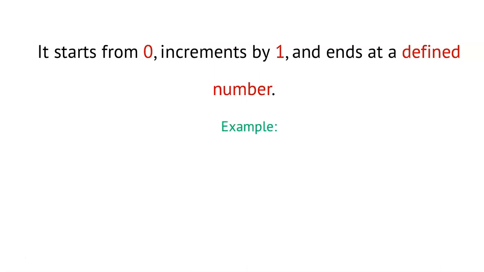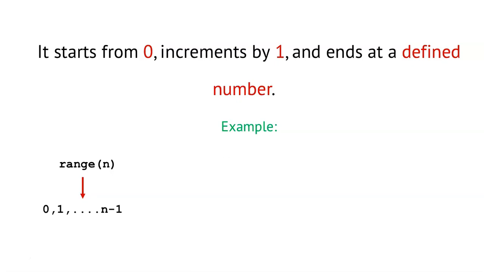For example, we have range of n. Range of n will return values that will start from 0 and will be incremented by 1, and it will go up to n minus 1. So this range of n will return values 0, 1 up to n minus 1.